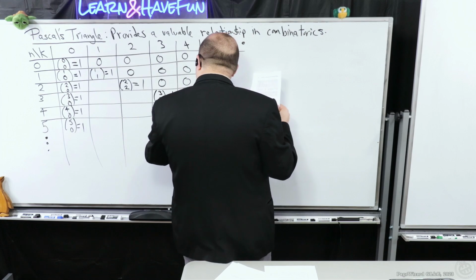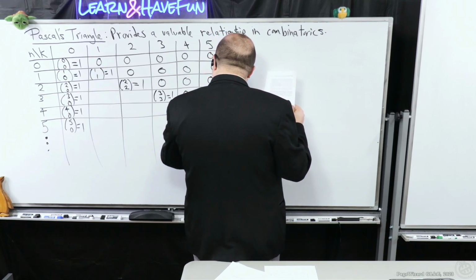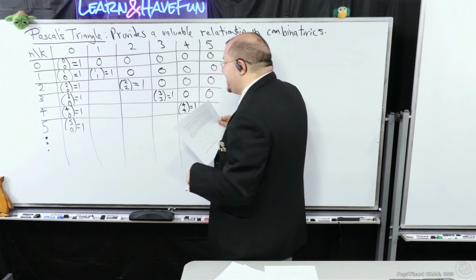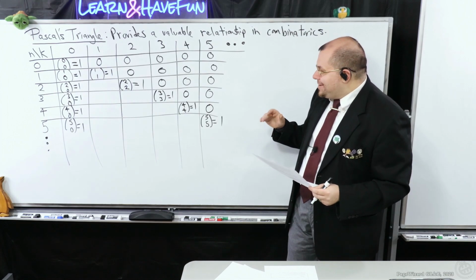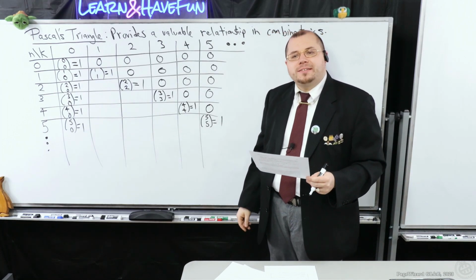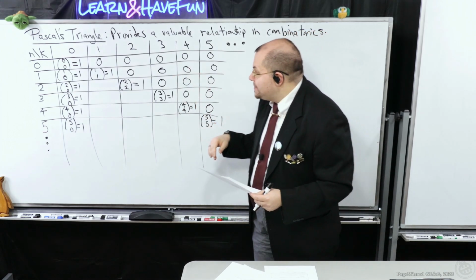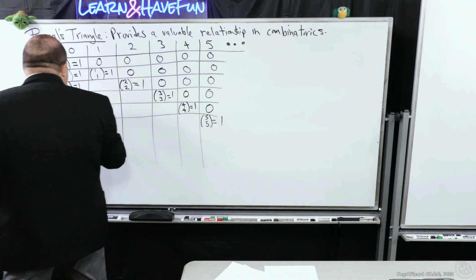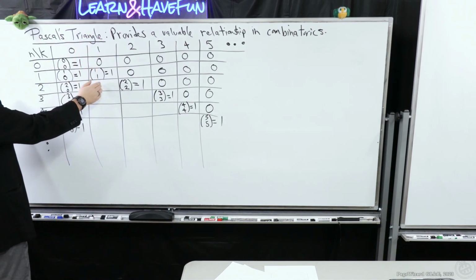You do the same thing here. 4 choose 4, that's just 1. We have 5 choose 5, that's just 1. Now, notice, let's use the property we just talked about previously, that there's a symmetry over the values of k. Whatever goes right about here in this row will be kind of like the mirror point.